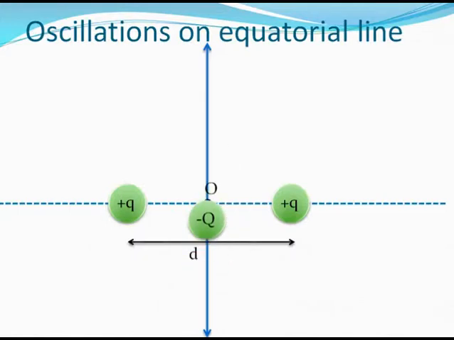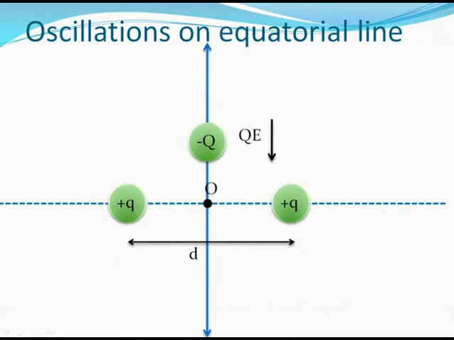Can you guess why this happens? Well, I'll give you a clue. When I take this minus q charge and place it somewhere on the y-axis, on the equator of this 2 positive charge system, have a look at the net force that is acting on this minus q charge. Clearly, the electric field because of the 2 positive charge system is only along the y-axis.